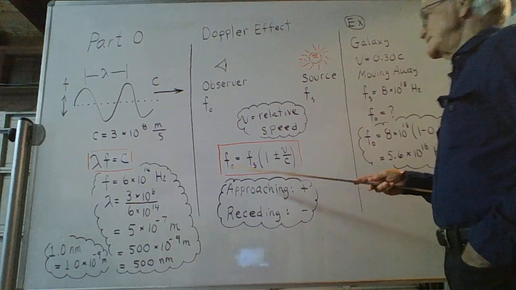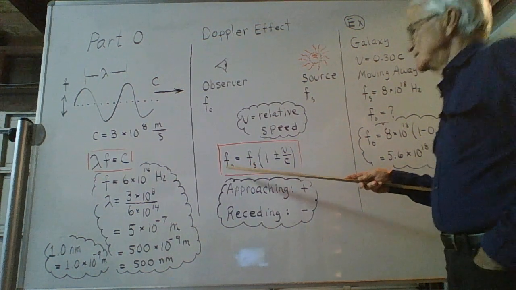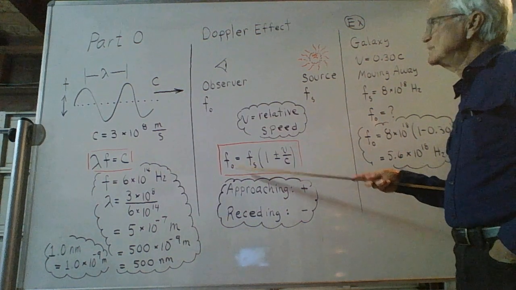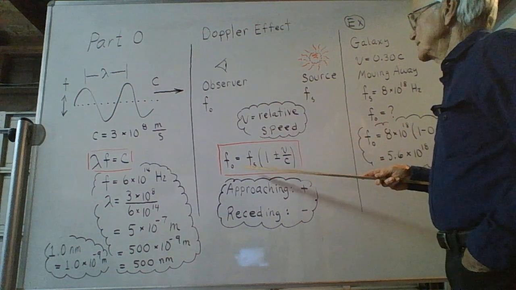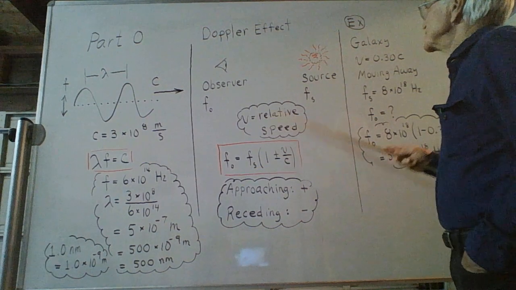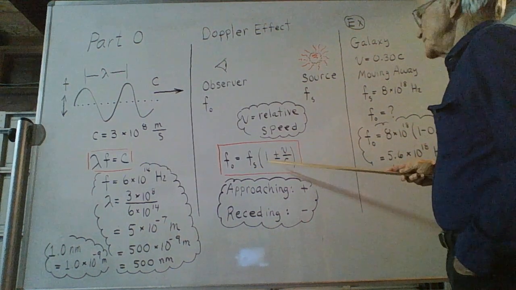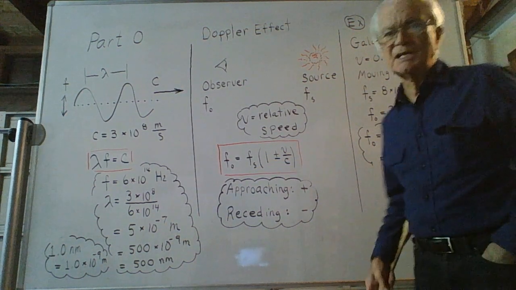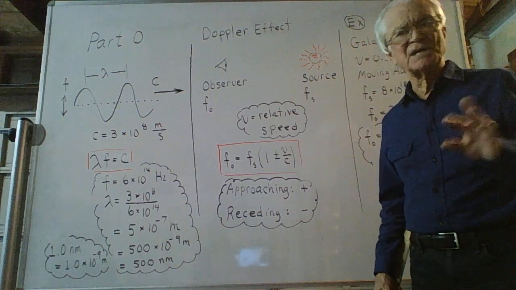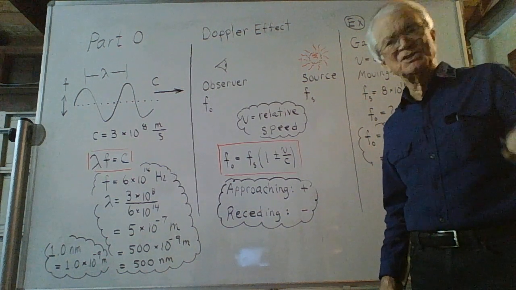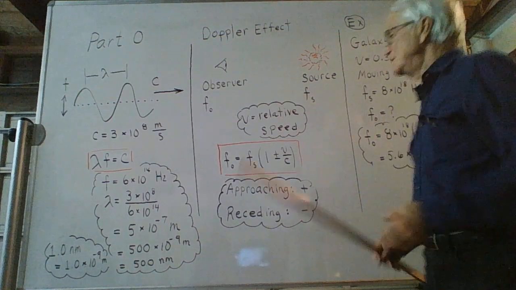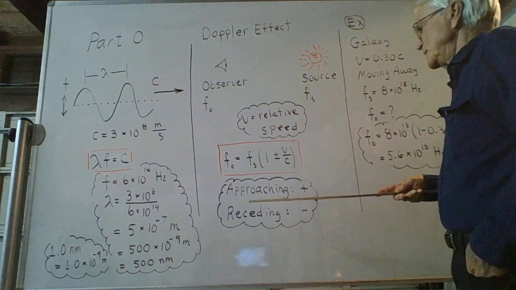Well, here's the equation, bottom line. To calculate the observed frequency, what this eye sees, multiply the source frequency by that parentheses. The only complicating factor is there's a positive or negative sign that you have to choose. That's your biggest challenge, really. Well, there are rules, 2 of them.